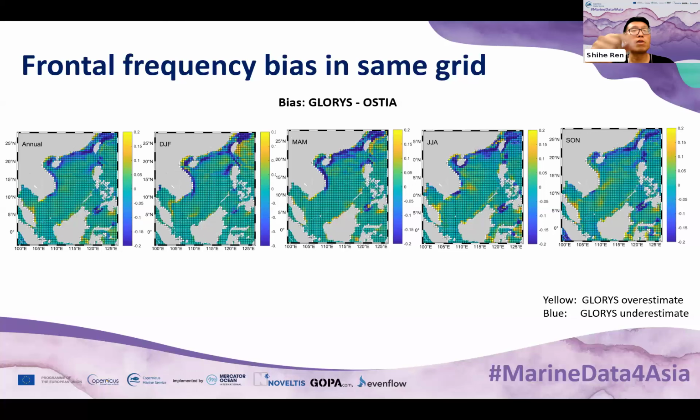In the nearshore, where main fronts occur, GLORIES mostly underestimates. But in the central basin of the South China Sea, maybe because of some transient features such as mesoscale eddies, GLORIES captures more transient fronts, and AVISO captures more stable nearshore fronts.